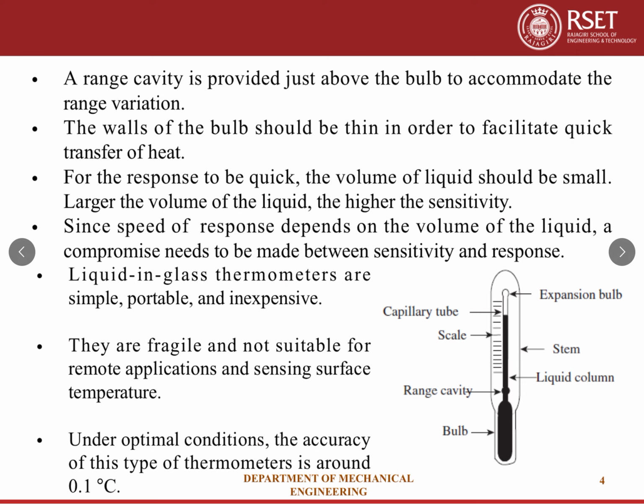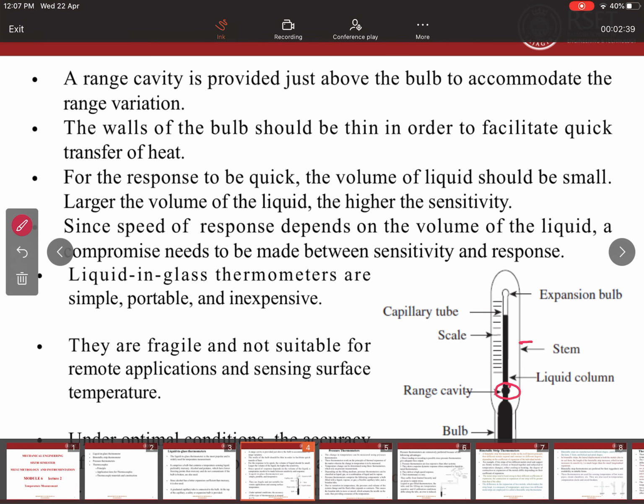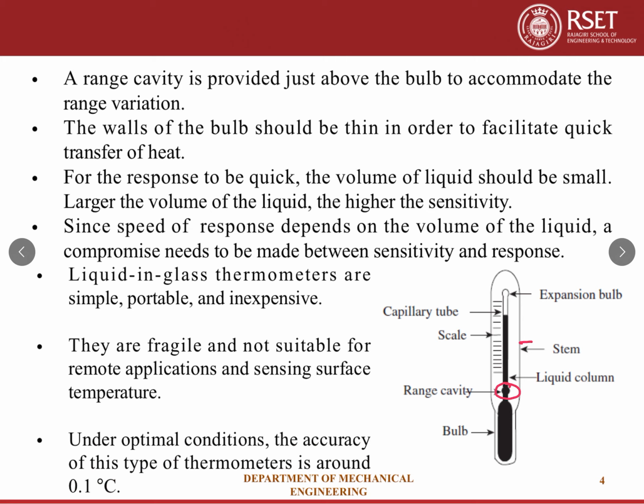A range cavity is provided just above the bulb to accommodate the range variation. The wall of the bulb should be very thin in order to facilitate quick transfer of heat.